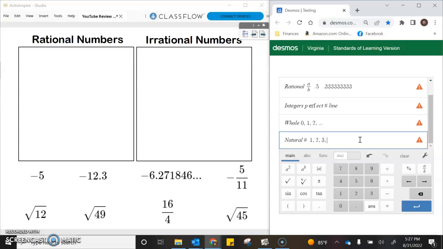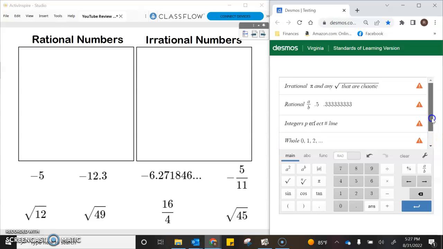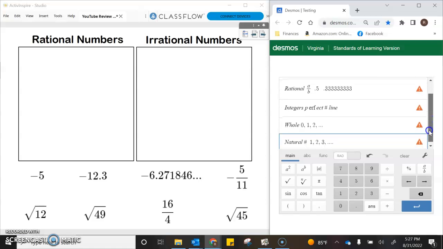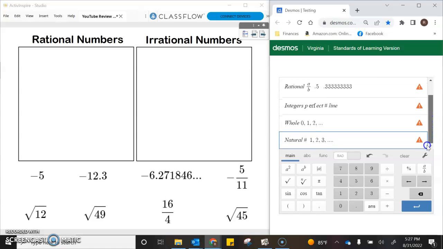It's what you use to count your favorite things. Okay? So that's what we have. Irrationals are chaotic. Rationals are fractions, decimals that stop, or things that repeat in a pattern. Or we've got integers, or your perfect number line, whole numbers, 0, 1, 2, and so on, natural numbers.